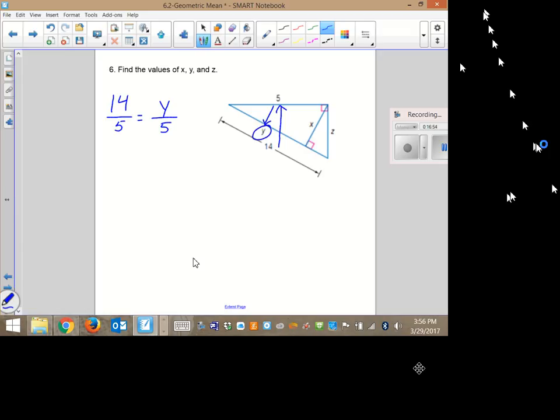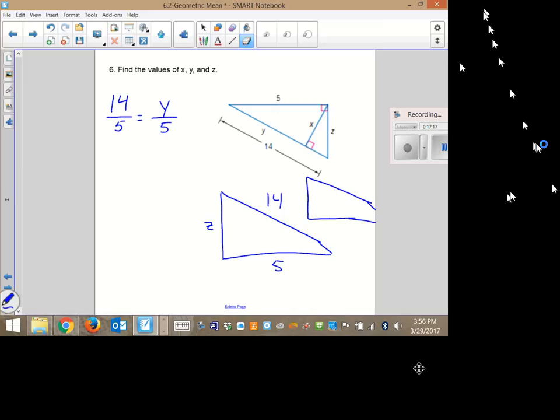I'm going to draw out our triangles. So my very large triangle here, I have my bottom is 5, my side is z, and this is 14. And then I have my medium triangle, where my hypotenuse then, so my medium triangle is right here.